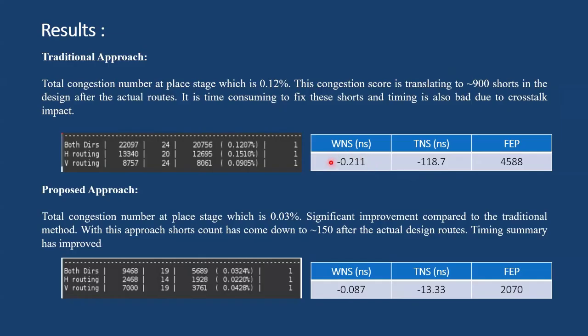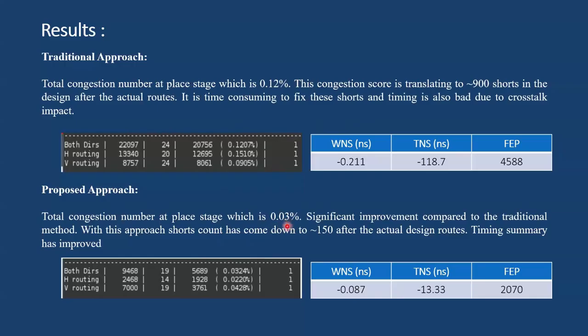And if you see the WNS over here, the main contributor is the crosstalk, because all the 6K lines which are going over these partitions are running long distances, and there is a lot of crosstalk impact on all these signals. With the proposed approach, where we are trying to cut down the number of signals by 50%, we see in the result that congestion has come down significantly to 0.03%.